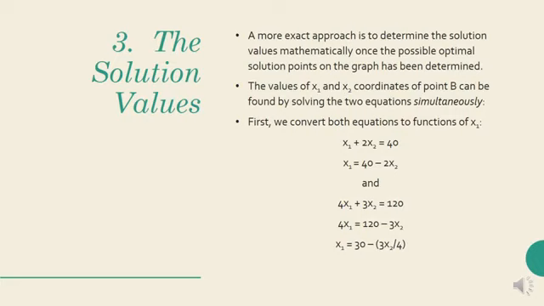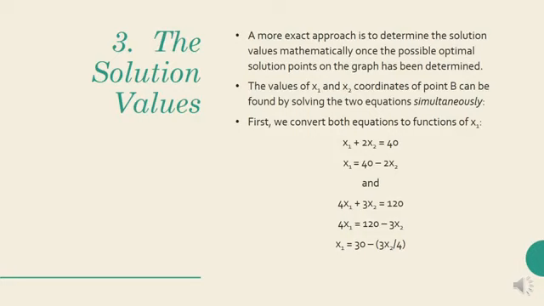So, 4x1 plus 3x2 is equal to 120. So, ililipat mo yung 3x2 sa kabila, 4x1 is equal to 120 minus 3x2. x1, okay, i-divide mo ng 4 yung 120 minus 3x2.